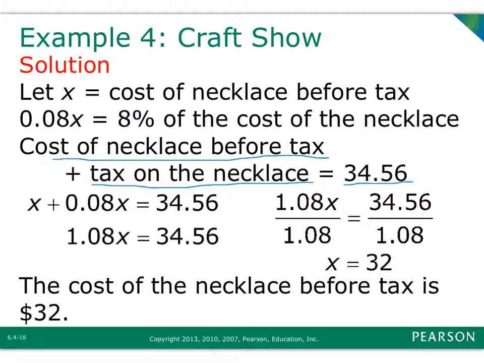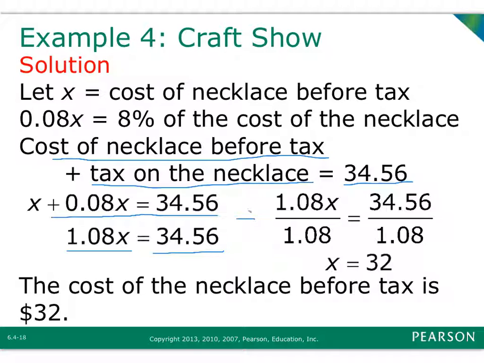So we have x plus 0.08x is equal to 34.56, right? When we add the x to the coefficient of x, x plus 0.08x, we get 1.08x is equal to 34.56.